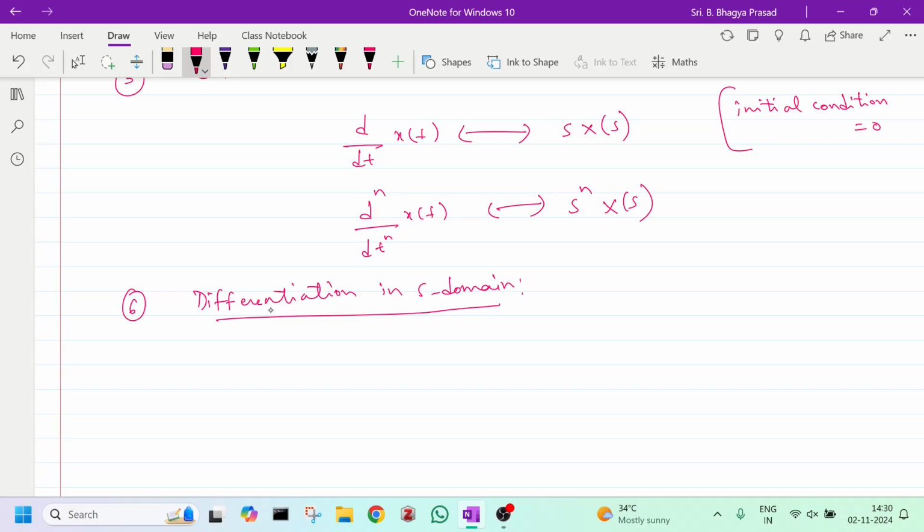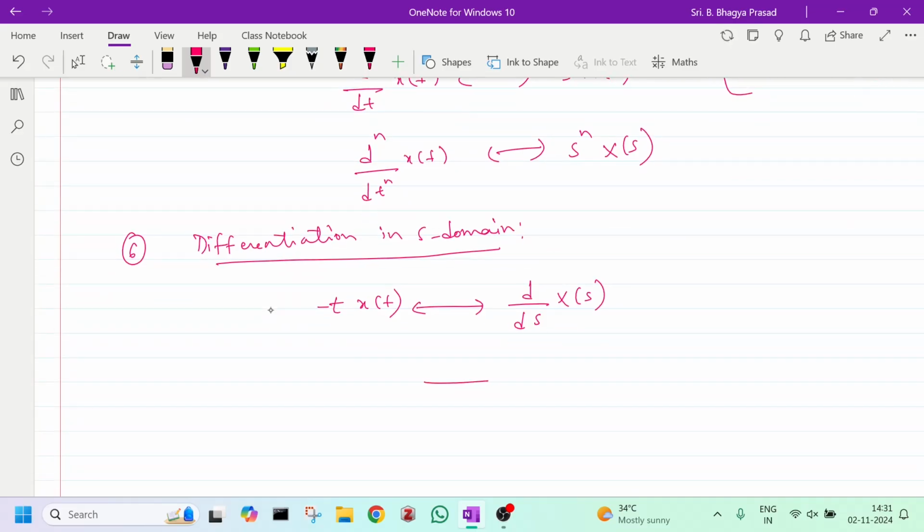So this will be d by ds of x of s, and this corresponds to minus t x of t. For the nth derivative in s domain, it is minus t power n x of t, that is the nth derivative d n of x of s.